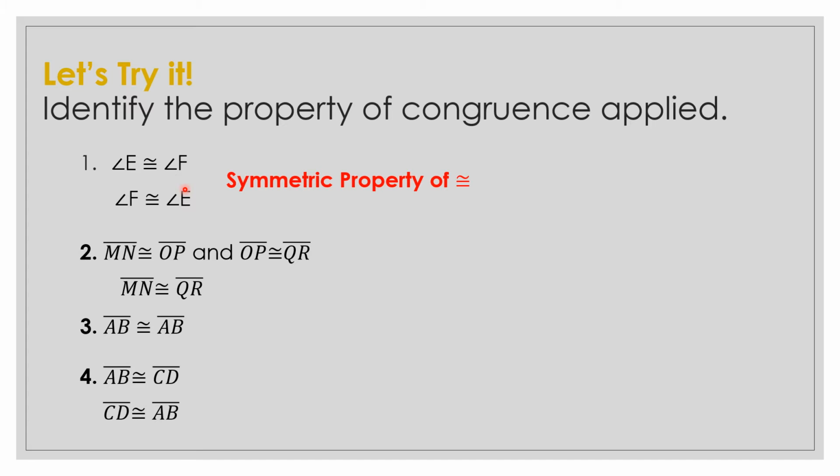Okay, for number 2, segment MN is congruent to segment OP, and segment OP is congruent to segment QR, then segment MN is congruent to segment QR. What is the property?